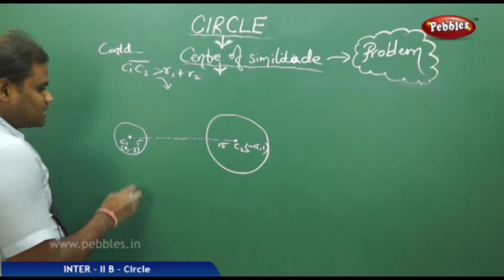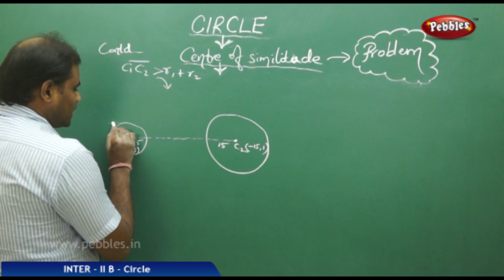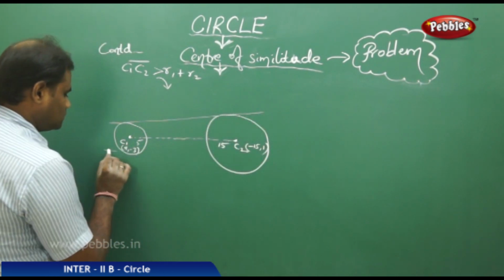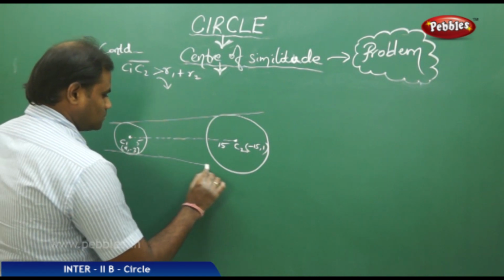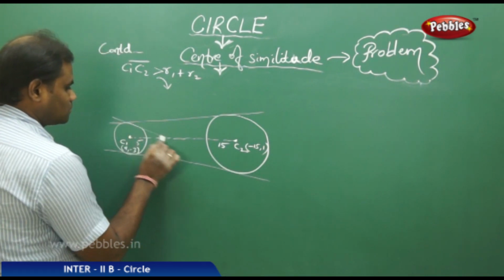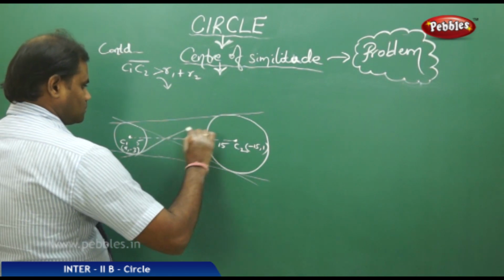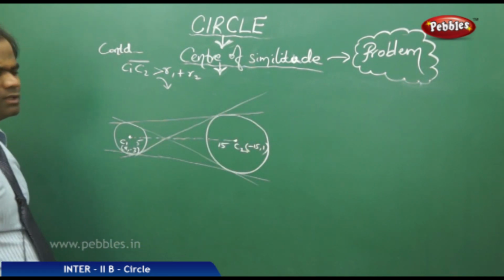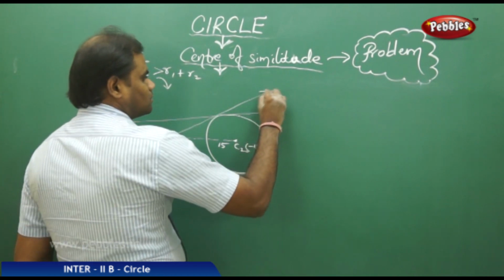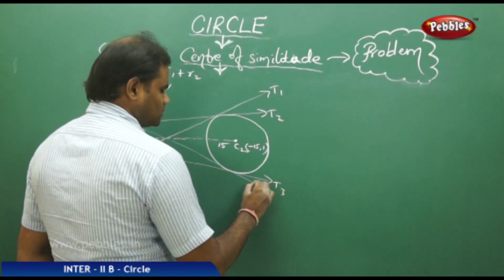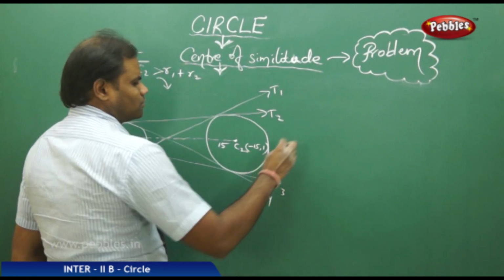Now as I can clearly see, there are four common tangents which I can draw, that is 1, 2, 3 and 4. So there are totally T1, T2, T3, T4.